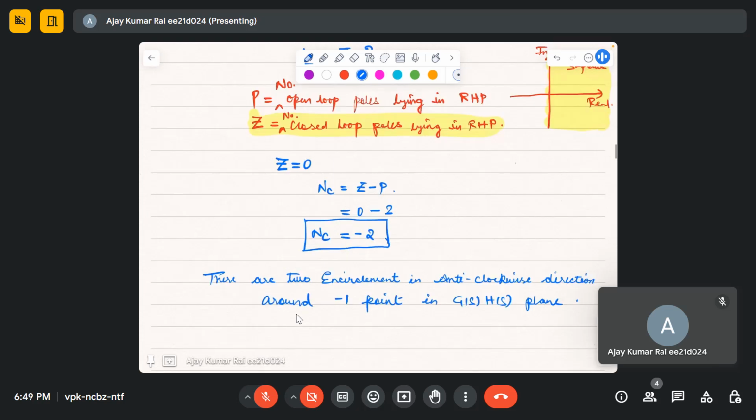Let me roughly draw the GSHS plane. This is the -1 point, so the contour will be looking like this. Let me see if it's right or not. Yes. And anti-clockwise.